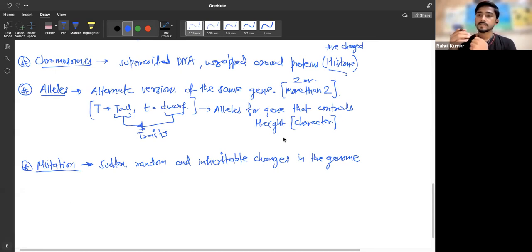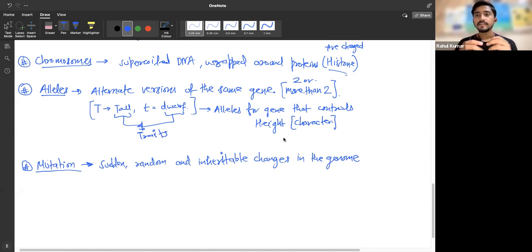Or let's say I'm doing an experiment with a mouse and I cut the tail of the mouse. Now that is a change in that mouse's appearance. It is a tailless mouse. When that mouse gives rise to the next generation, will the next generation be tailless? No. The next generation will have a tail because the gene for the tail is still there in the gametes.